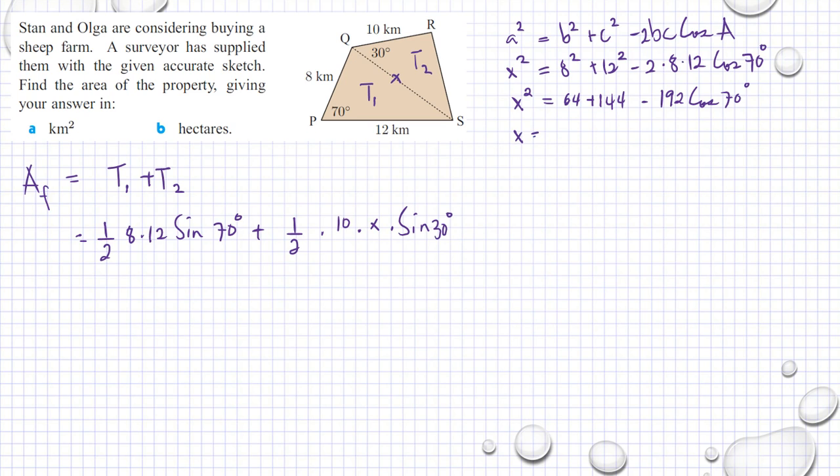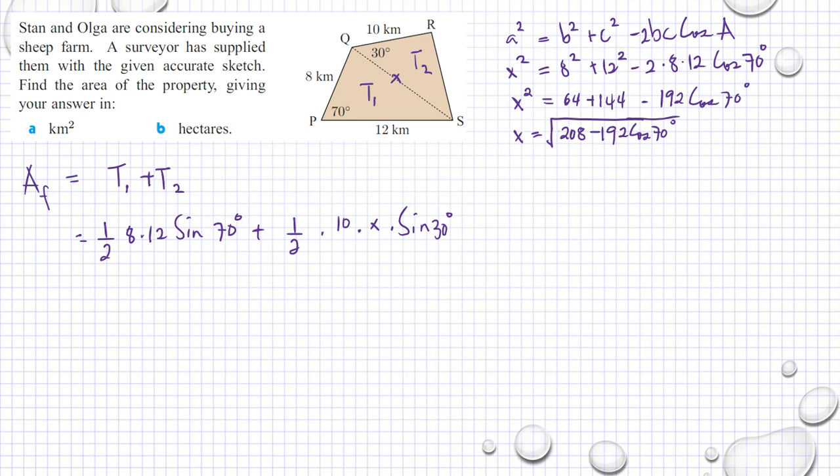So our x now is the square root of 64 plus 144, that is equal to 208, 208 minus 192 cosine 70 degrees.